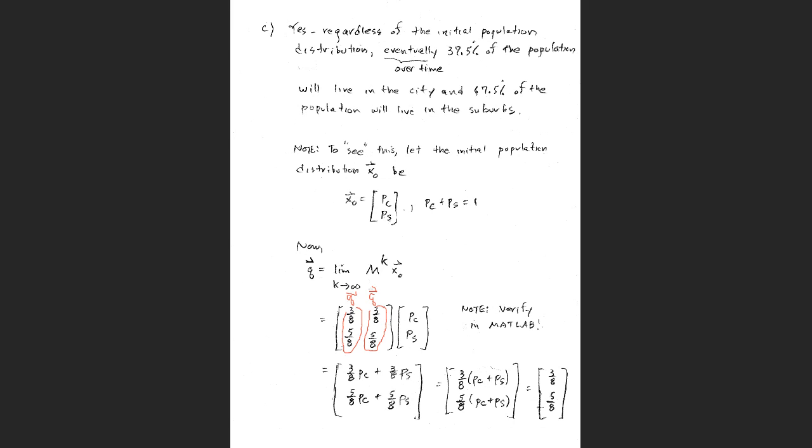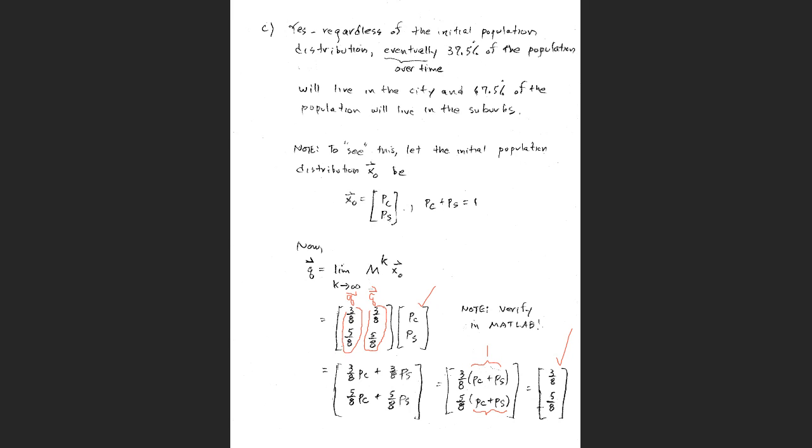Now, if we multiply that matrix by this initial distribution vector, we do the matrix math, we're going to get back 3/8 and 5/8. Because after all, the probability of being in the city and the probability of being in the suburbs equals 1.